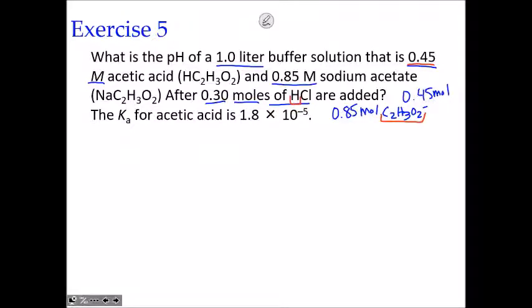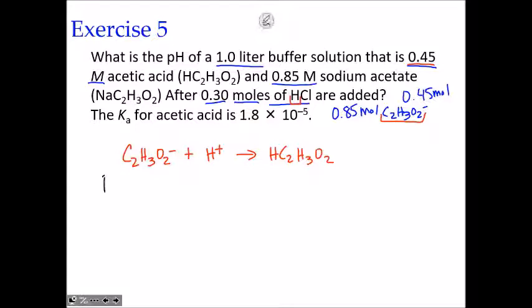So that's how we need to set up our reaction, starting with the conjugate base, because it's going to be the one that fends off the attack of the H, and that's going to create our acetic acid, or more of it, because there's already acetic acid in solution to begin with.